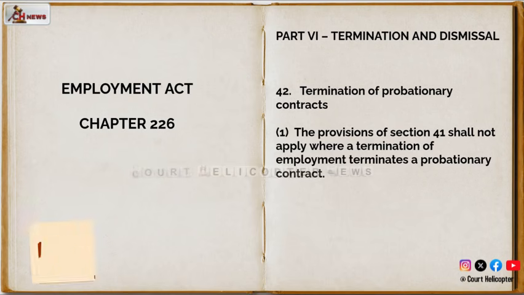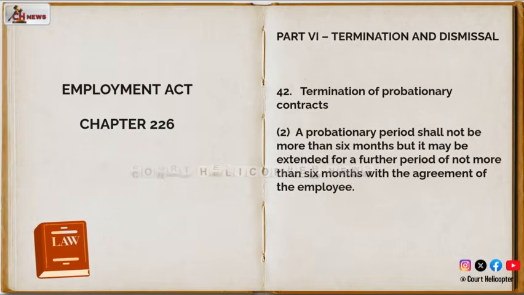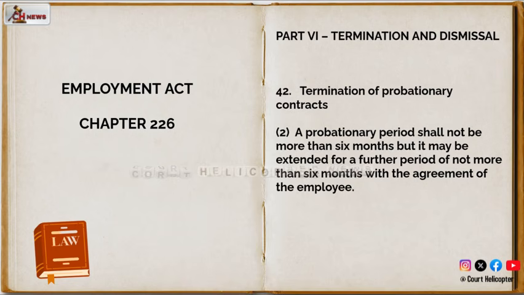It says a probationary period shall not be more than 6 months. So anybody who is employed on probation, the maximum is 6 months. After 6 months, if you are employed on probation, you are supposed to be exited, or if you are retained, you become permanent and pensionable. So that is how it is.